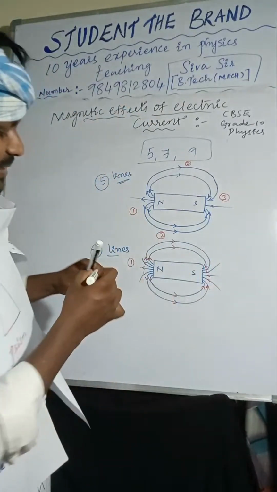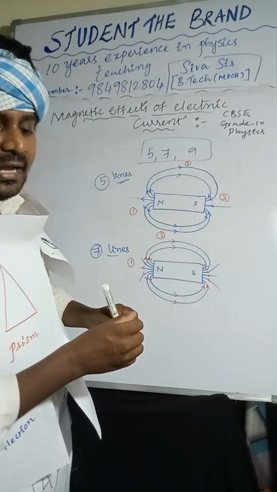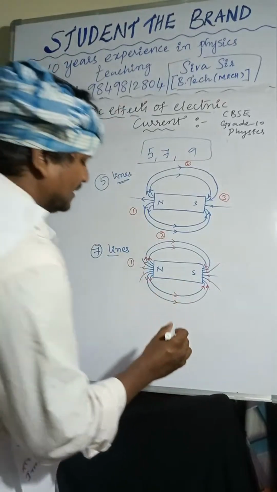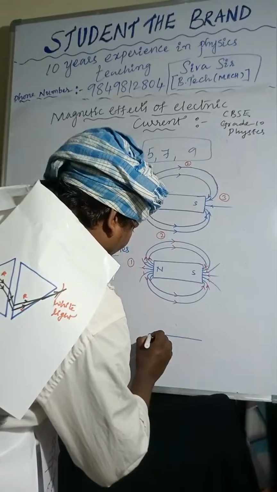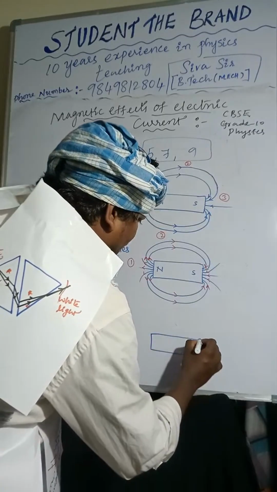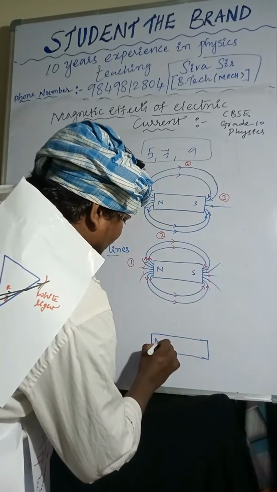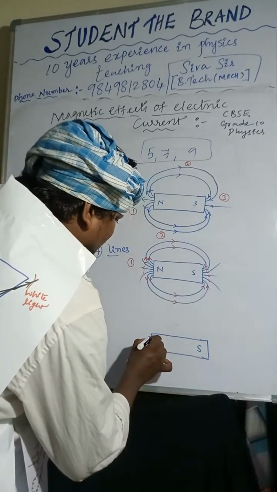Coming to the 9 lines, you can take 9 lines. I'll draw the 9 lines diagram also. Just check once. This is north, this is south.